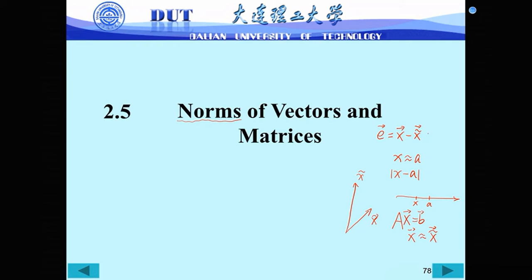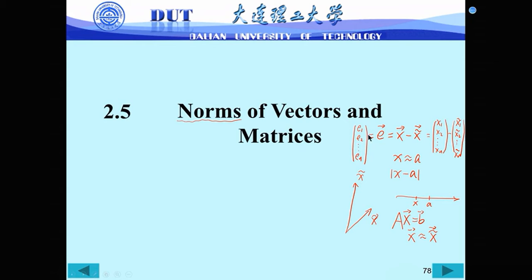For example, if x is an n-dimensional vector x1, x2 to xn, and x tilde is x1 tilde, x2 tilde to xn tilde, then in this case E is also an n-dimensional vector, E1, E2 to En, right?